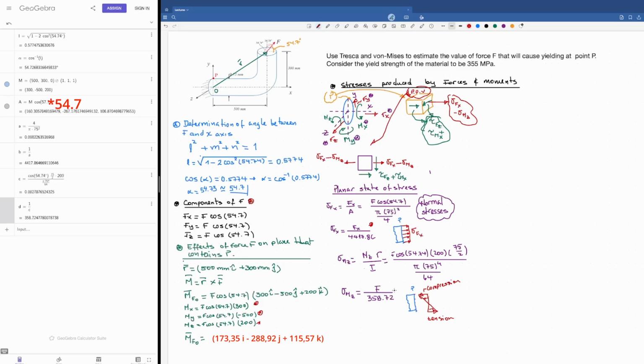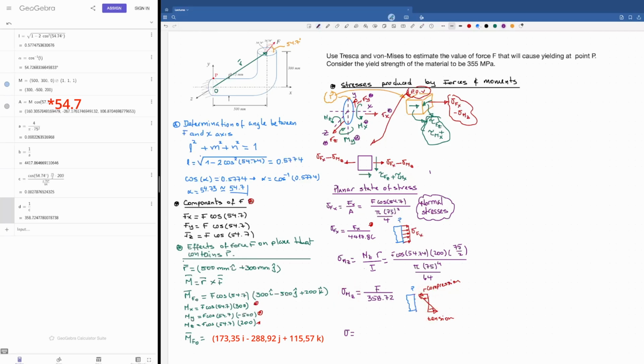Now, that means that the sigma value, or the normal stress at P, is going to be the subtraction of these two. I'm going to consider this one as positive because it follows the convention that we are given for this cube here. And I'm going to consider this negative because this one is going to be in compression on the upper part. The lower part is going to be in tension, but we need to focus on this one.